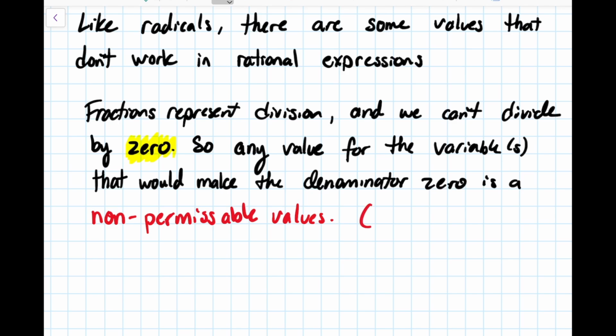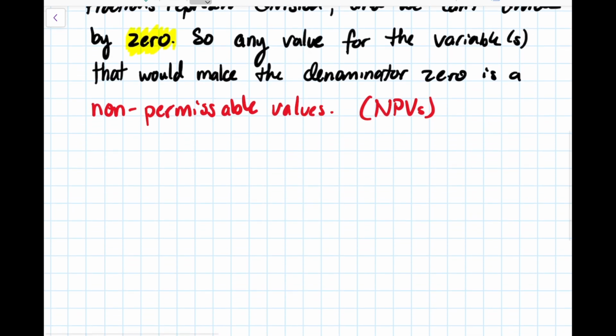So what we're typically going to do instead is just call them NPVs, because that's much simpler and more straightforward. Every time you do something in this chapter, every time you add or subtract, multiply, divide, simplify, whatever, you're going to have to find NPVs unless they're already given to you. And that's what we're going to focus on in this video.